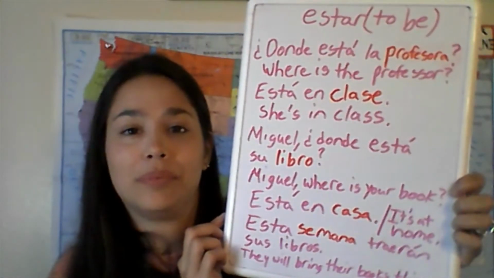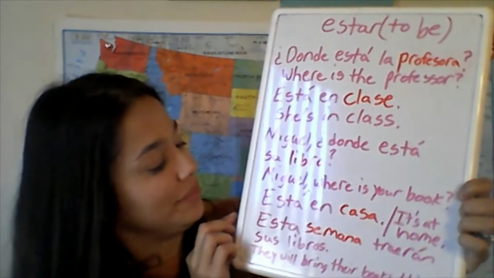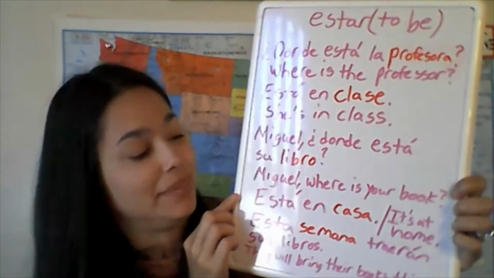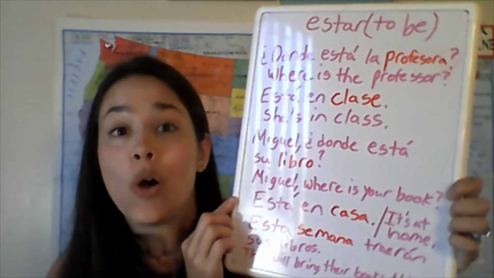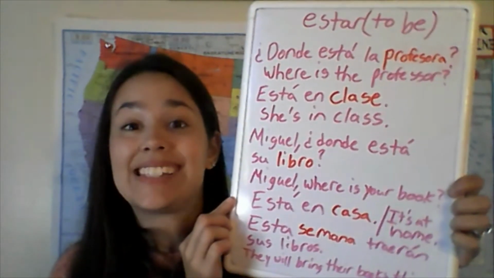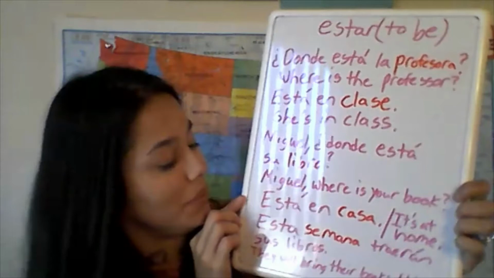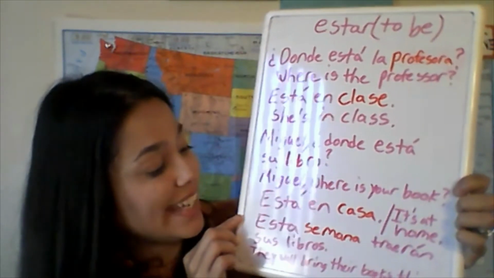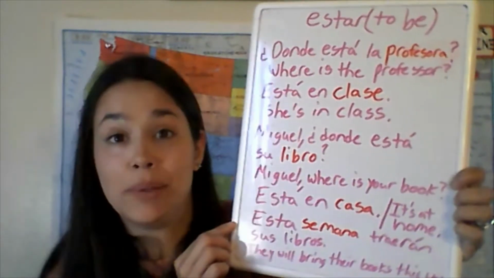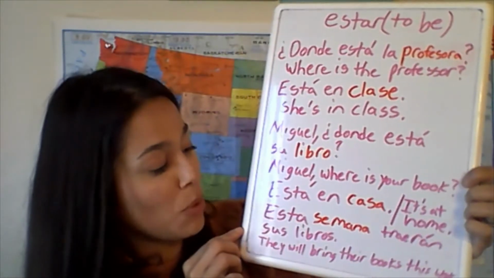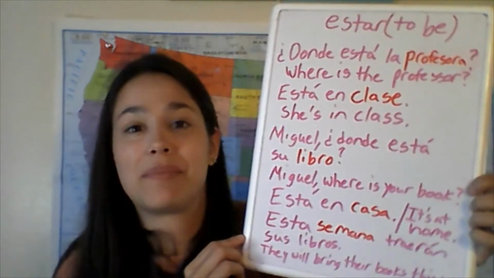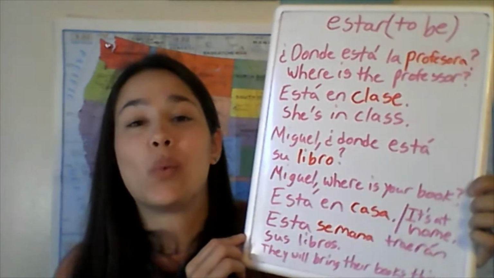Libro, book. Está en casa. It's at home. Casa, home. Esta semana traerán sus libros. They will bring their books this week. Semana, week. Good job. All right, as promised, let's review the 10 new Spanish words from today's lesson.